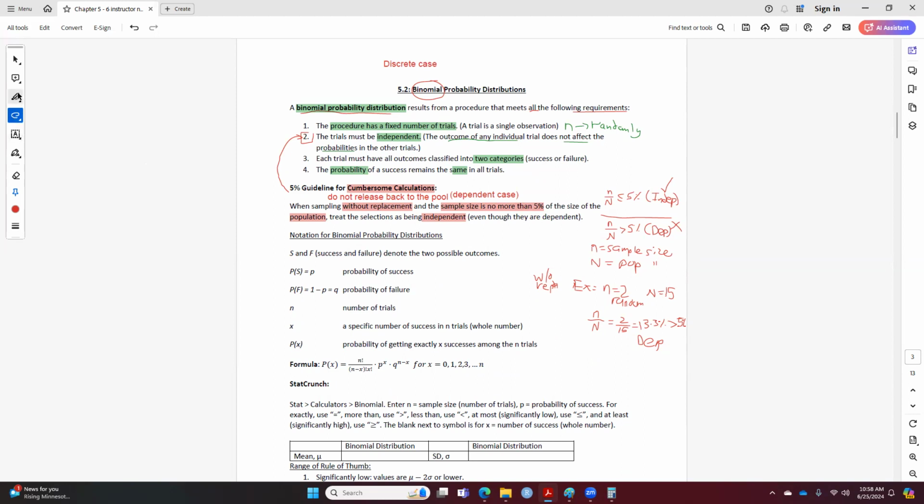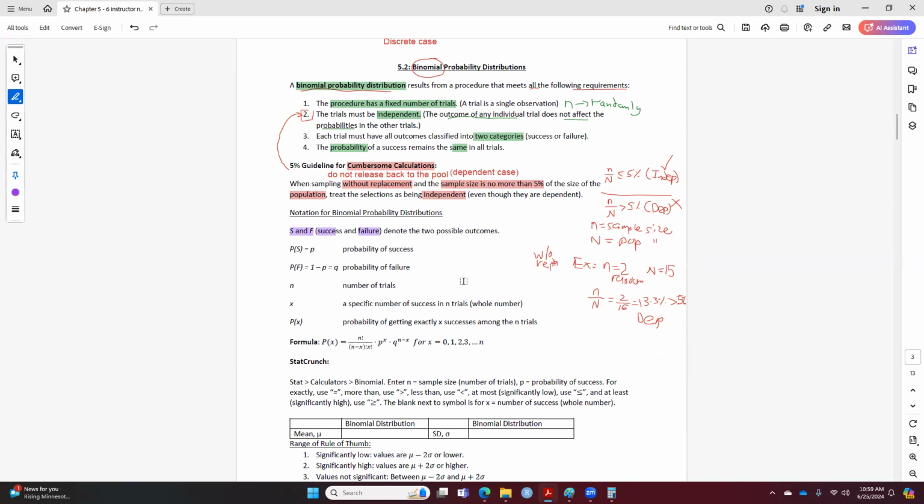Next, we're going to talk about the notation. These are the notations we use in this chapter. Capital S and F stand for success and failure. And I think I told you guys before already, success doesn't mean positive, failure doesn't mean negative. Sometimes it can be the other way around. So success can be no and failure can be yes. Okay, it depends on the question.